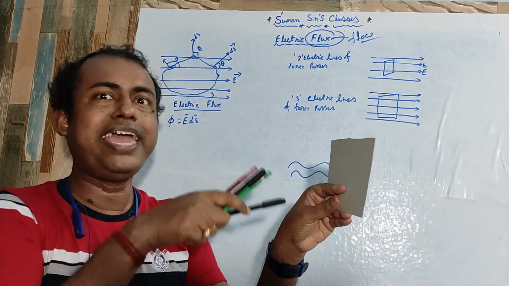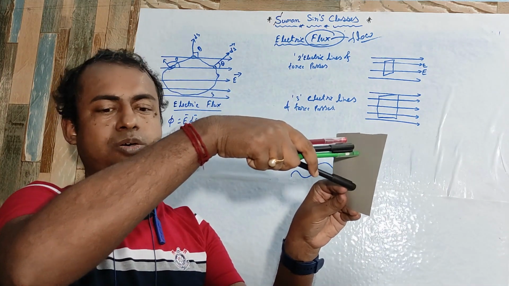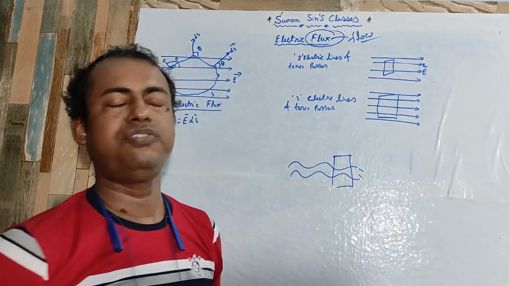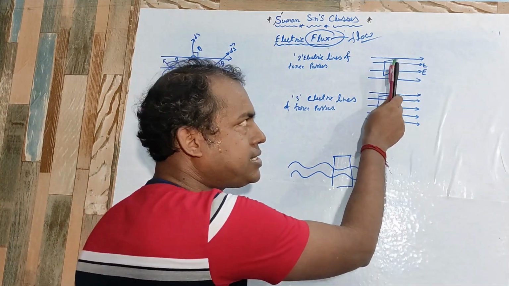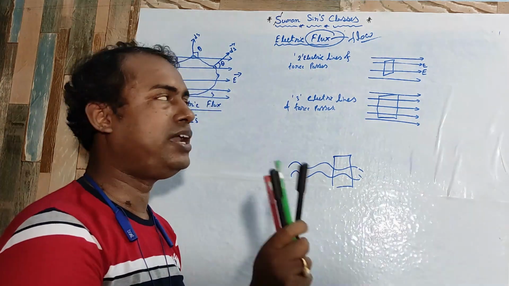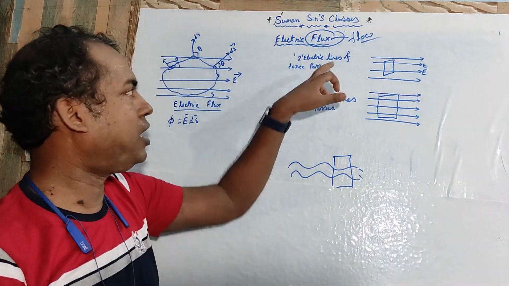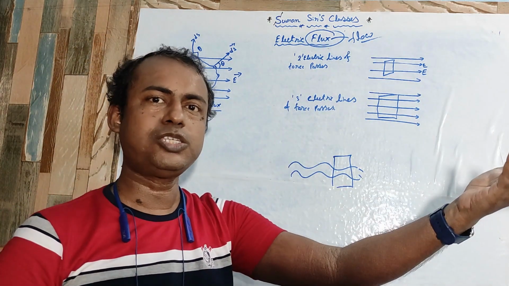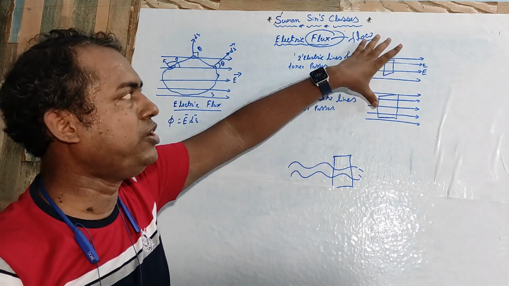So when the area increases, a larger number of electric field lines pass. With a smaller area, a small number of electric field lines pass. So the electric field lines passing through depend on the area of the surface. If the area increases, more electric field lines pass, because the electric field is uniform.